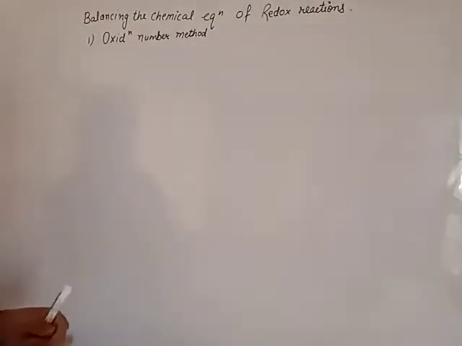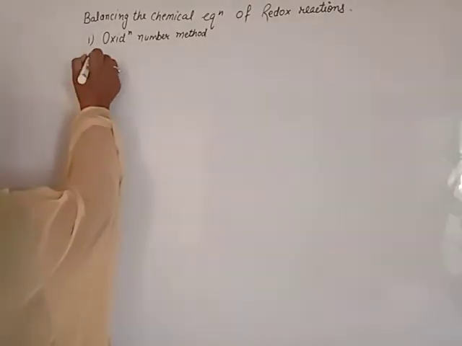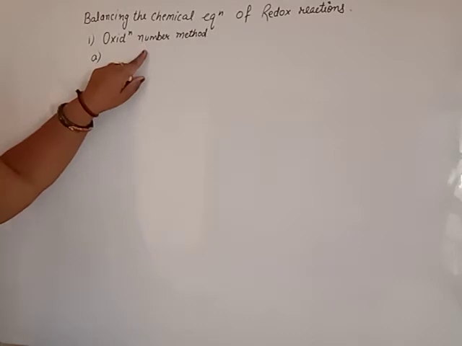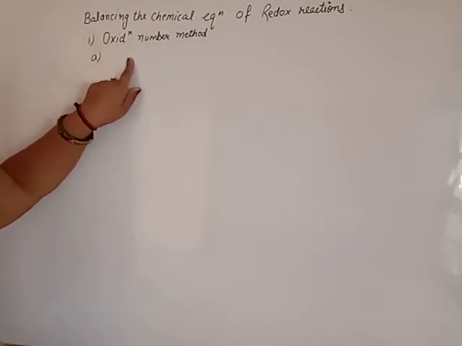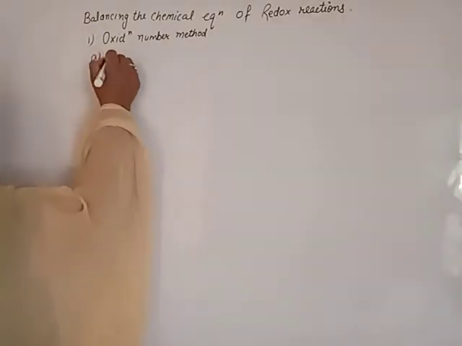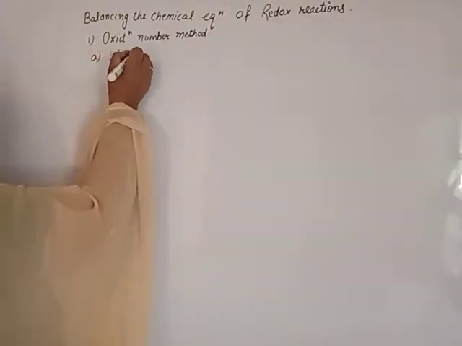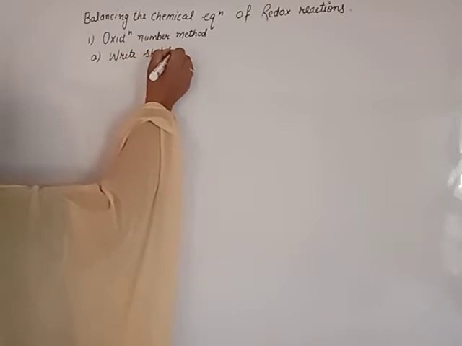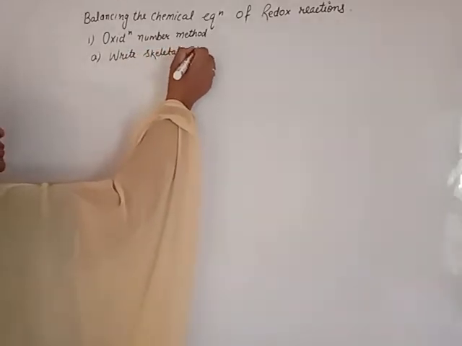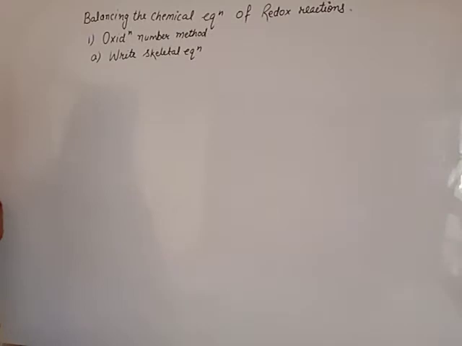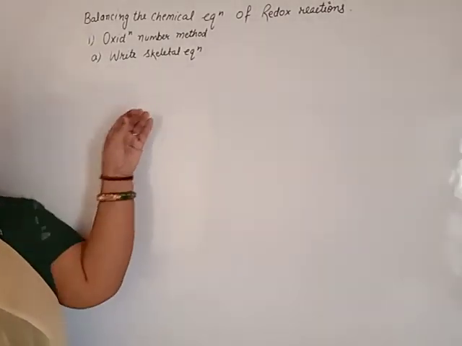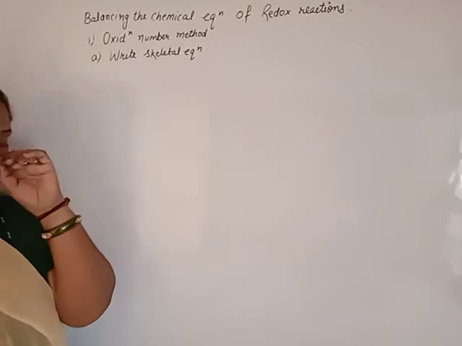By oxidation number method. Rules for balancing by the oxidation number method. First rule. Write skeletal equation. Skeletal equation means the reaction given as it is, you must write on another line.